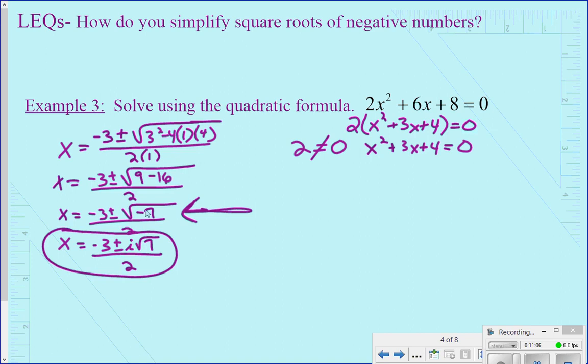Just this piece, just the piece that's underneath the square root. Similarly, if that was positive, like what we're used to solving with and getting a square root of a positive number, then we'd have real solutions. So that piece, underneath the square root, is the piece that causes us to have real or imaginary solutions.